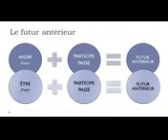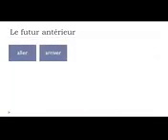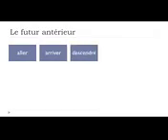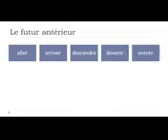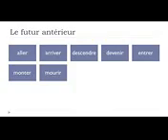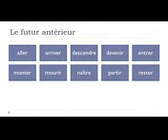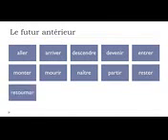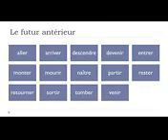Okay, so remember that for être, we've got aller, to go, arriver, to arrive, descendre, to go down, devenir, to become, entrer, to enter, to come in, monter, to go up, mourir, to die, naître, to be born, partir, to leave, rester, to stay, retourner, to return, sortir, to go out, tomber, to fall, and then venir, to come.